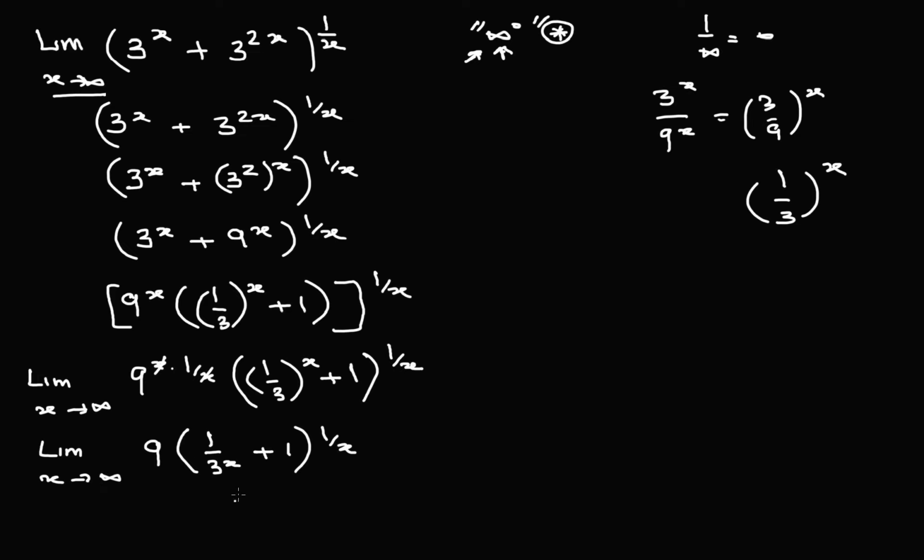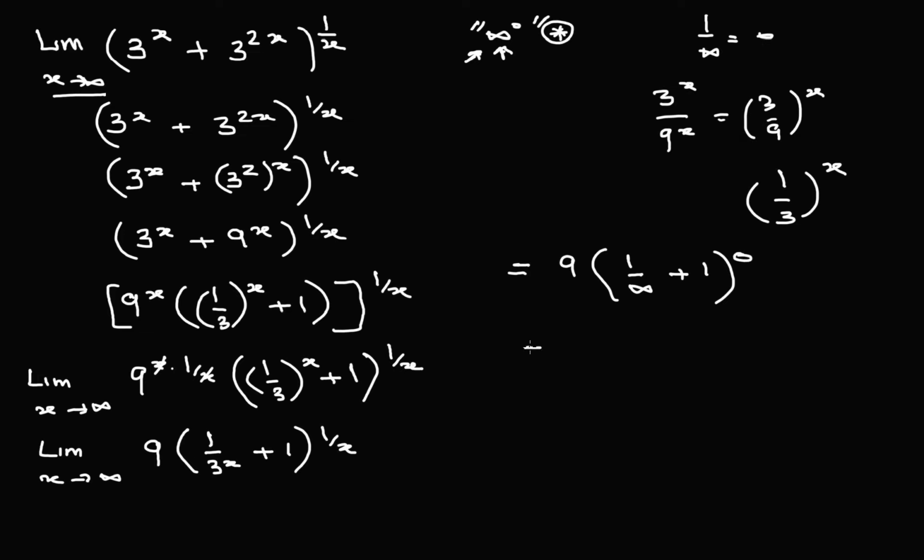Now, what happens here if we were to put this in? We can now say this is going to be 9, and then this is going to be 1 over infinity, because this becomes infinity, then plus 1. And what does this become? This becomes 0.